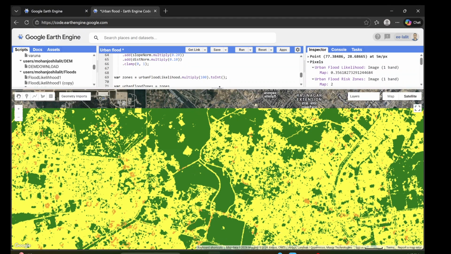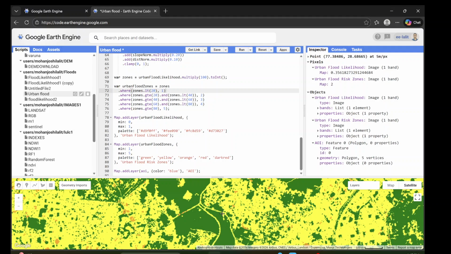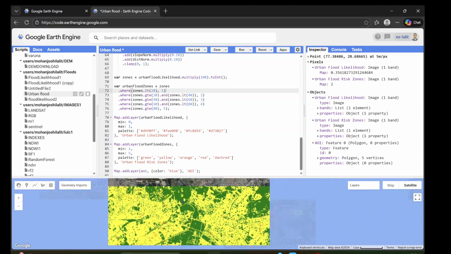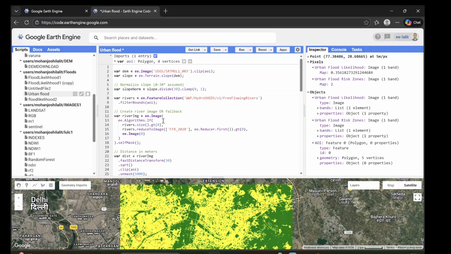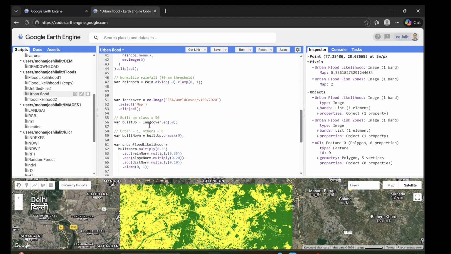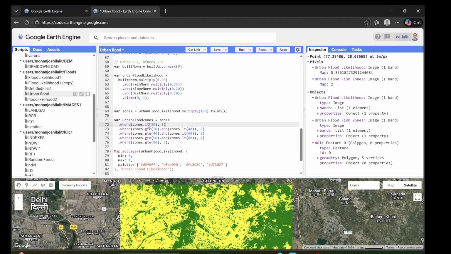This is just what I wanted to show you. You can check this with your study area. You can use this code and improve it however you want. If you are a developer, then you can do it in a better way.